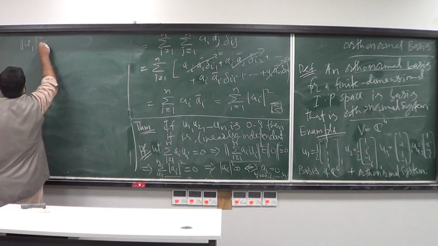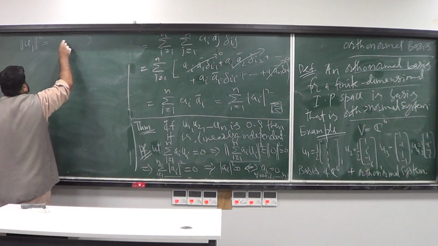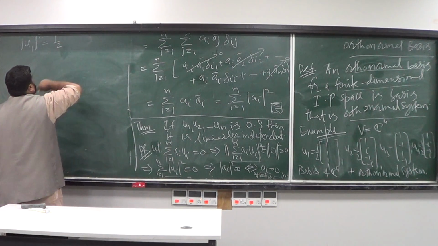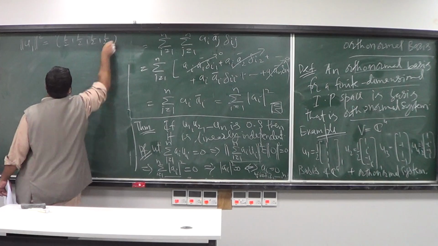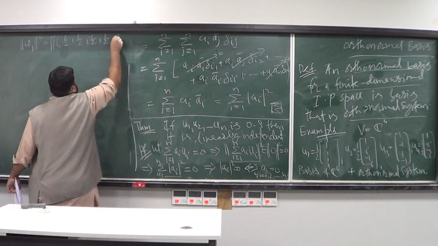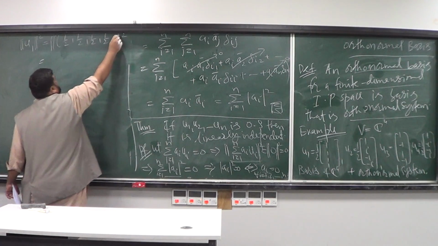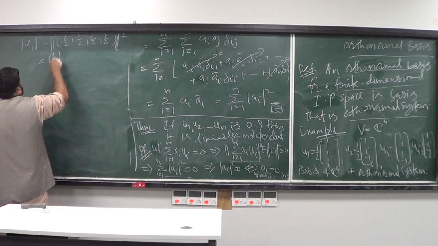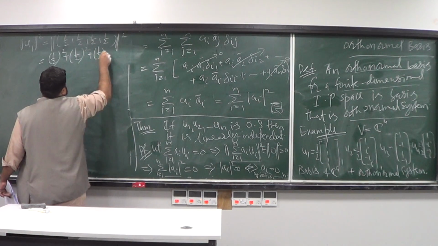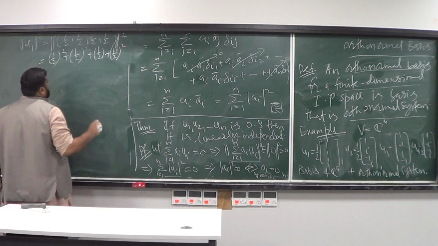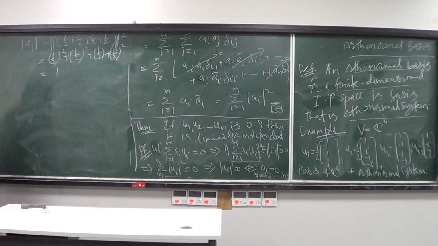The vector u1 is 1/2, 1/2, 1/2, and 1/2, and its magnitude squared is 1/2 squared plus 1/2 squared plus 1/2 squared plus 1/2 squared. So this would be equal to 1/4 plus 1/4 plus 1/4 plus 1/4, and this is equal to 1.